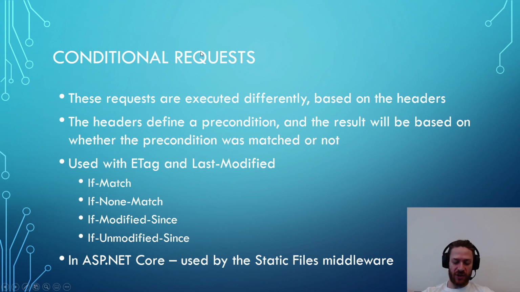Conditional requests. Conditional requests are part of the cache control because these requests are based on the headers. The headers define some precondition, and the server result will be based on whether the precondition was matched or not.